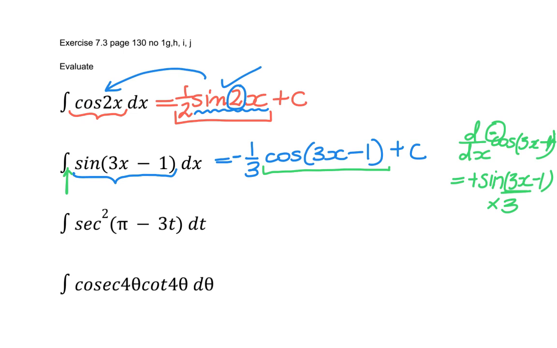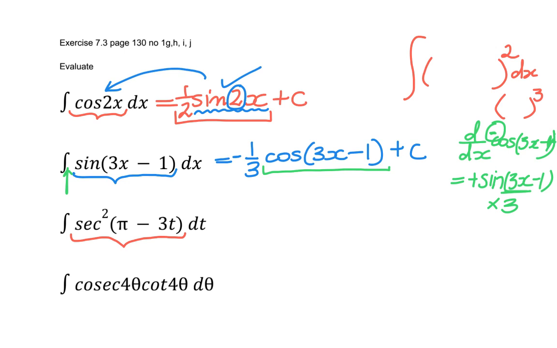The next one. There is a sec square of a function under it. It is very easy to confuse it with an algebraic problem with a bracket squared, where if under the integral I have a bracket squared, then I will try with a bracket to the power 1 up. Well, you must be careful. It doesn't work that way with your trig functions.